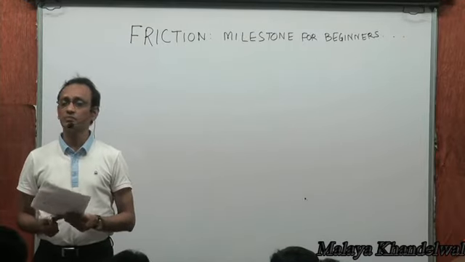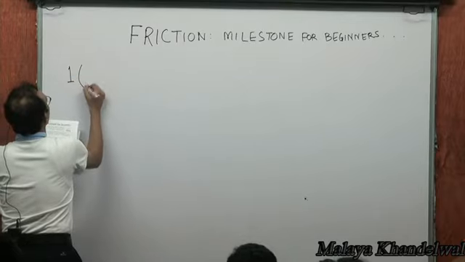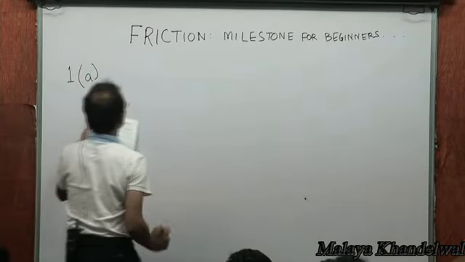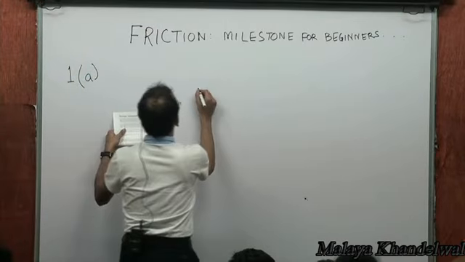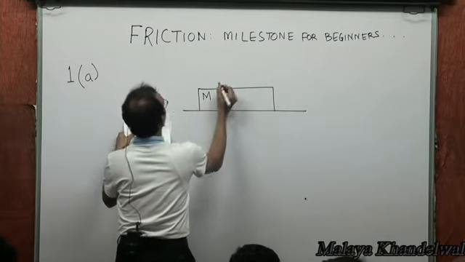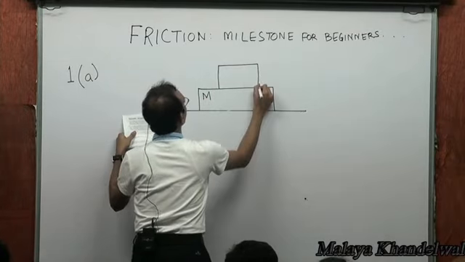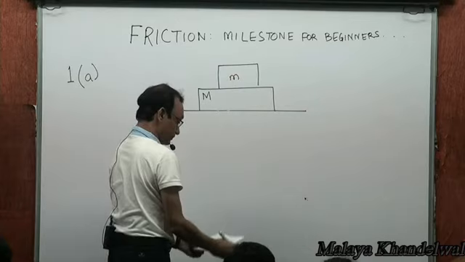Okay. So the first problem, 1A, is about two blocks. There is a block of mass capital M and there is a block of mass small m, right?